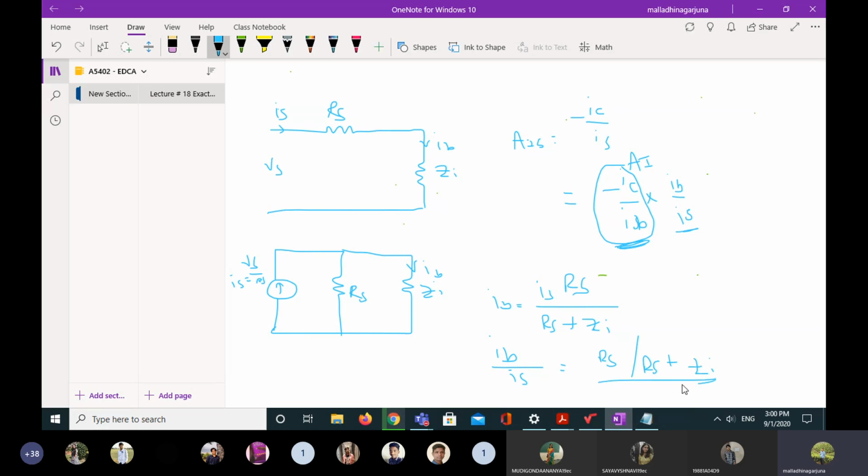Now we substitute in this equation. Finally we get AIS is equal to AI into RS divided by RS plus ZI. It's clear.